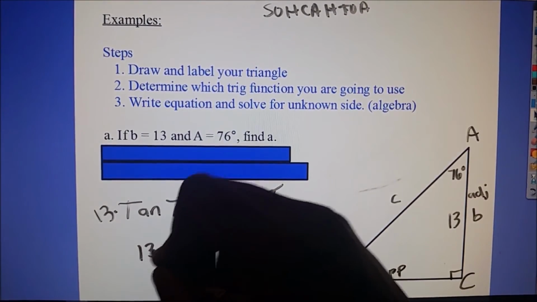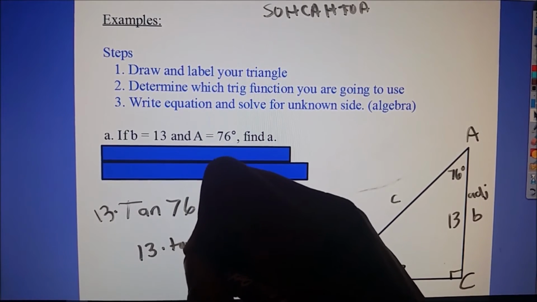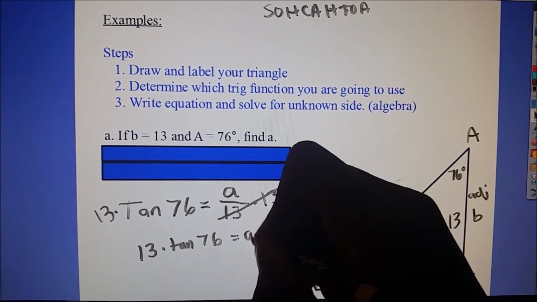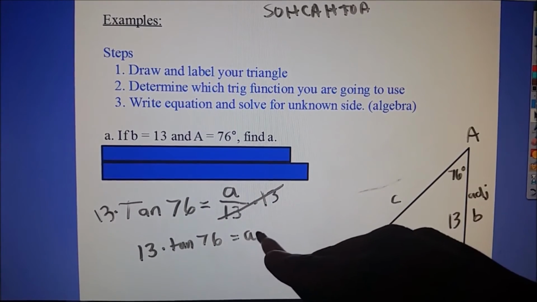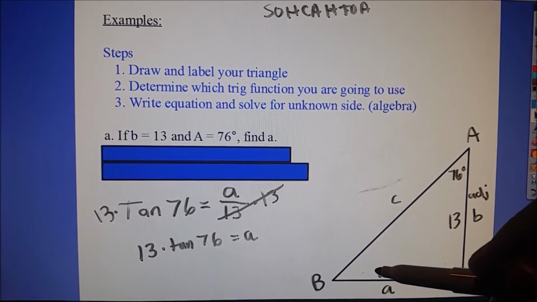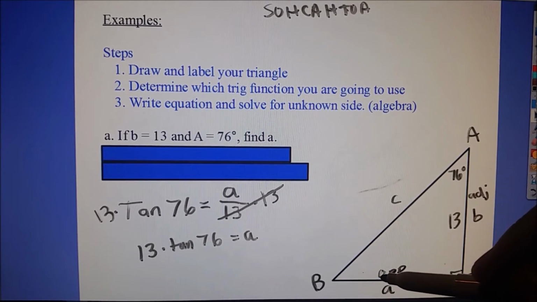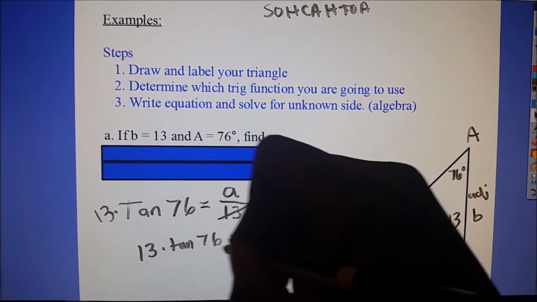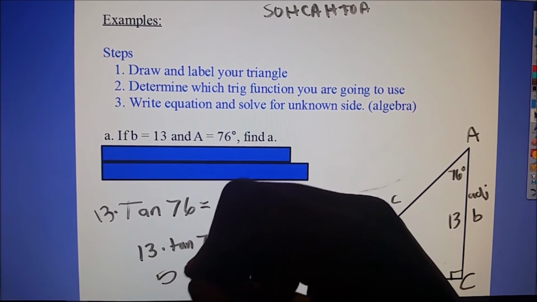Now you're left with 13 times tangent of 76, which is equal to A. Okay? A is by itself. We are going to know our side. So if you type into your calculator 13 times tangent of 76, you're left with 52.140.